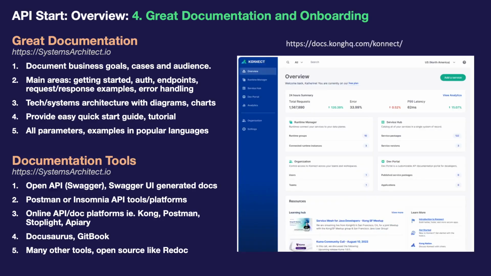online API documentation platforms. These are included in some of the big API platforms such as Kong. There's also a way to use documentation with Postman, both in the tool and the platform. There's other platforms out there as well who give this option. It's a feature of the API platform, such as on Stoplight or Apiary.